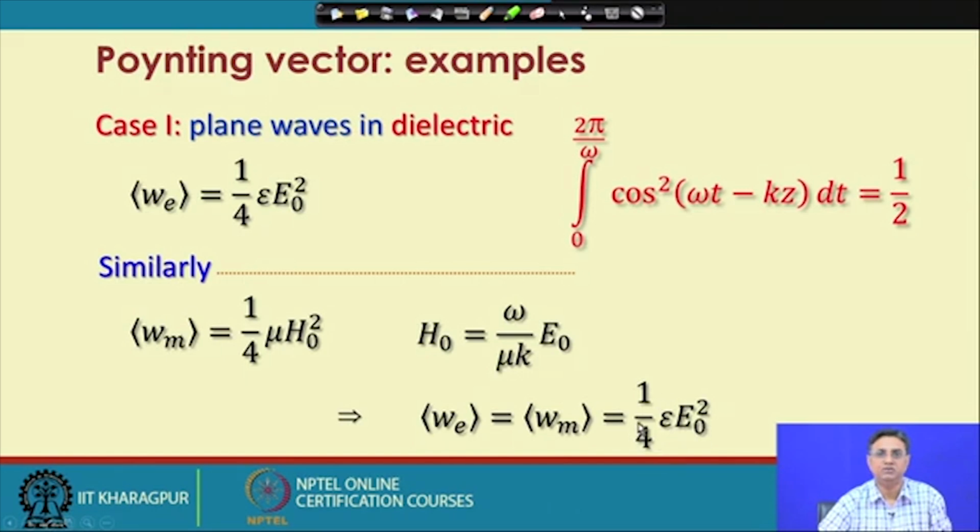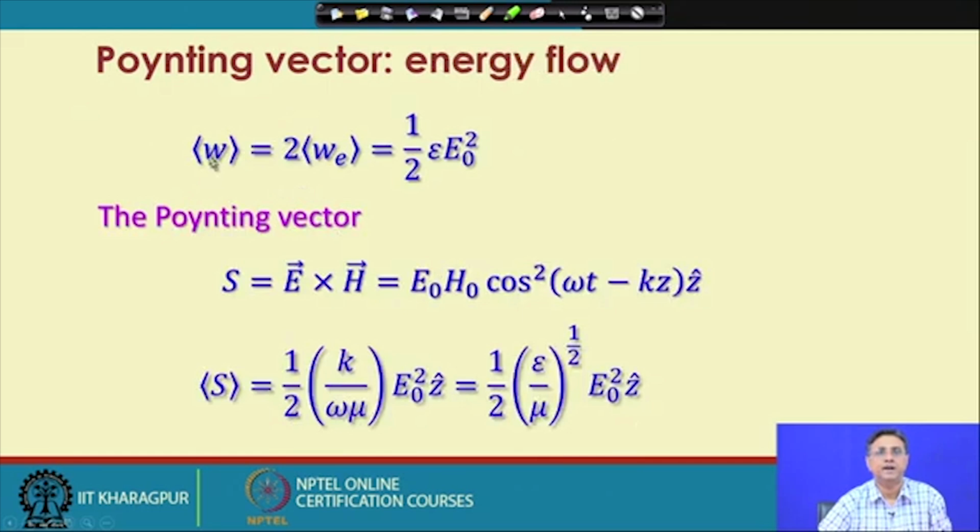Having known this fact, we can write the total energy density, its average value, as twice the contribution, since it comes from both the electric field and the magnetic field, which will be equal to half epsilon E naught square, which is again consistent with our previous information.